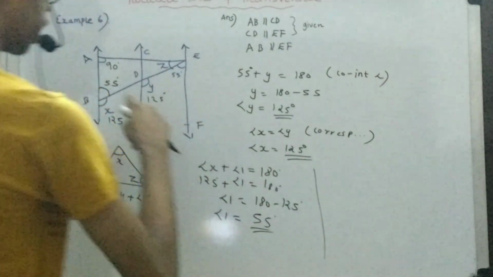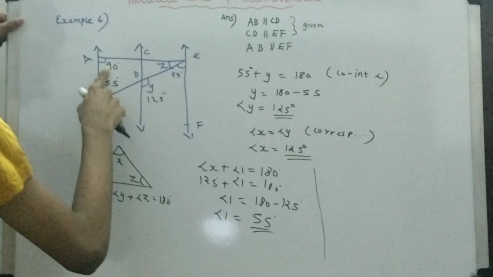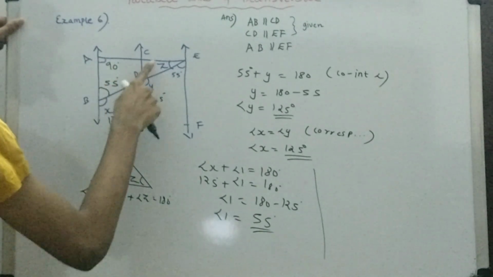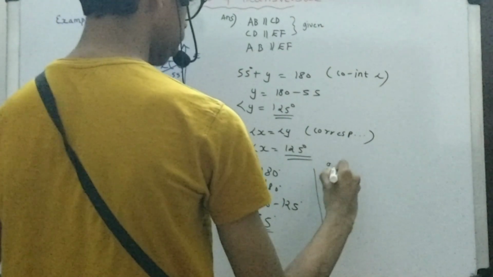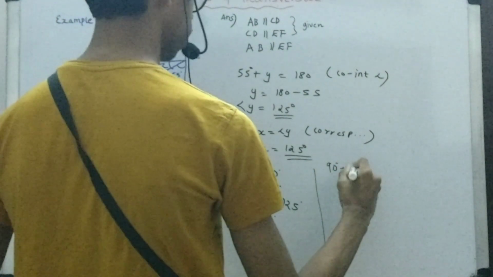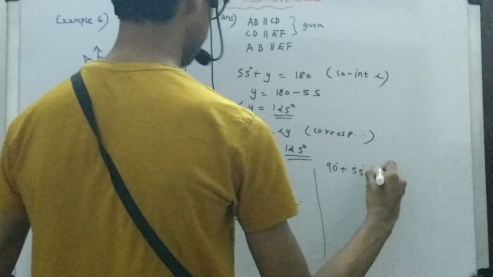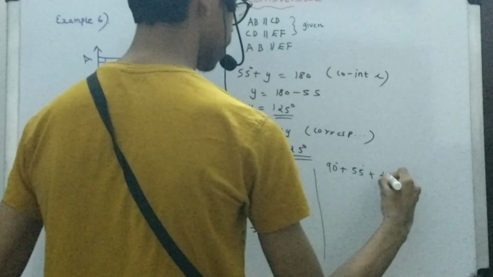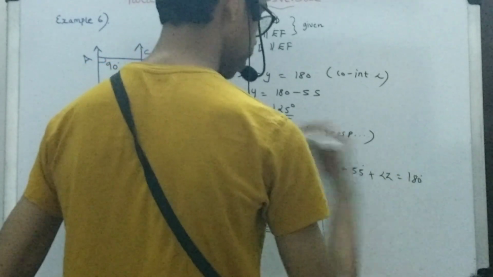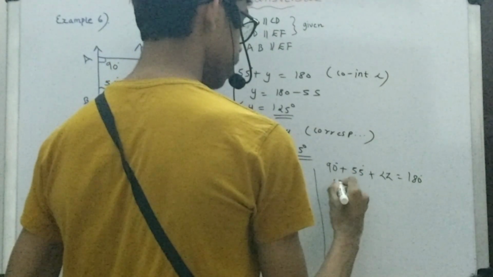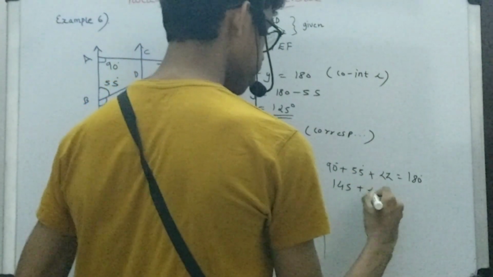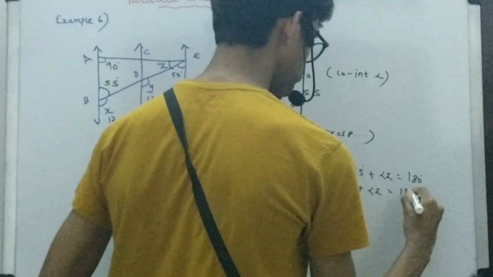By applying this, we can say that 90 degrees plus 55 degrees plus this angle Z will make 180 degrees. So 90 plus 55 is 145, plus angle Z is equal to 180 degrees.